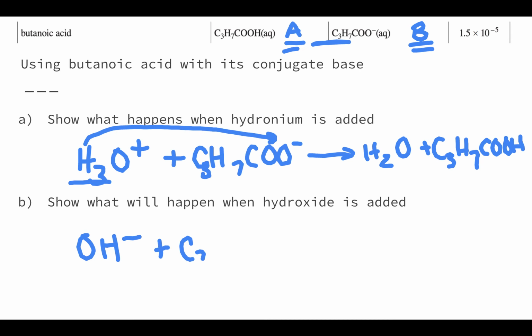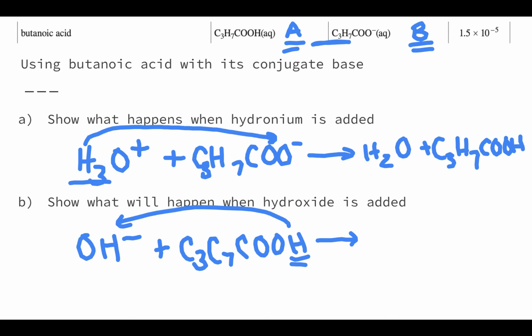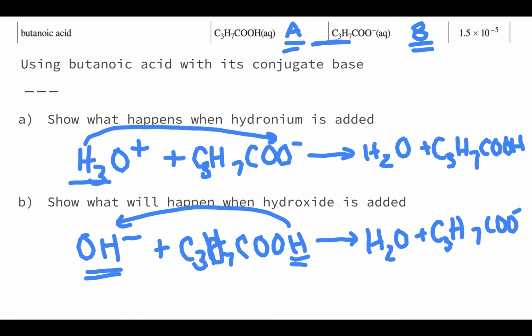So we can still show that by taking the acid and the OH negative ion, because it's strong, again, same idea, our arrow would just go in one direction, not in equilibrium, and then the H from the COOH, that is the acidic hydrogen, will come over to the OH ion, forming water and C3H7COO negative. So it is neutralizing the base that's being added in. As long as it's small amounts, the buffer system can maintain that pH.